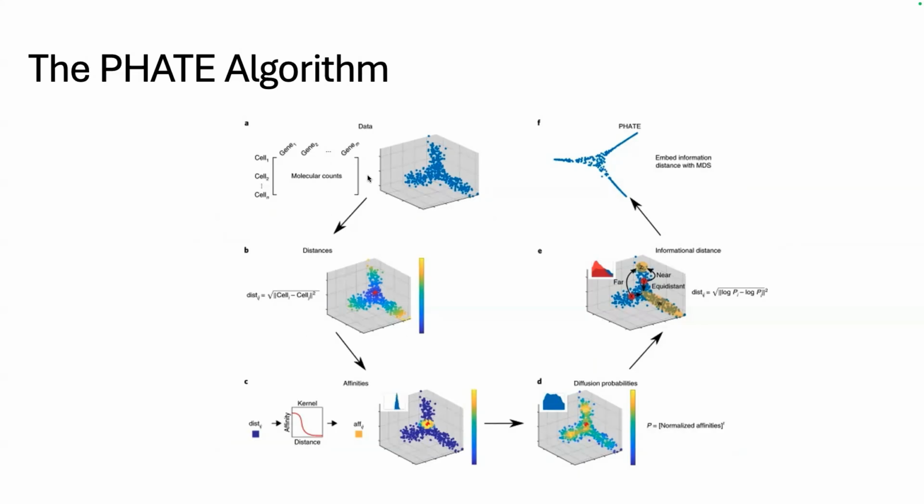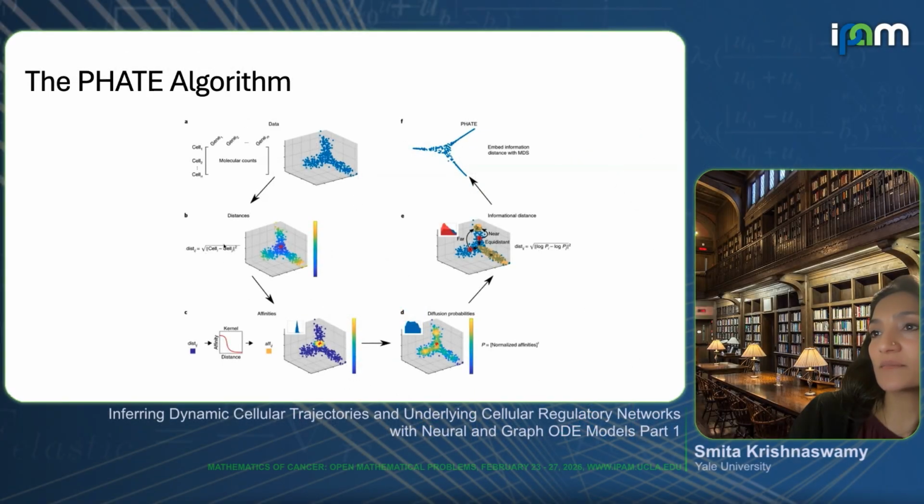These measurements are usually library size normalized, divided by the total number of transcripts, so that you don't get variability based on how many transcripts were sampled per cell. We change that distance matrix into an affinity matrix using a kernel we designed called the alpha decay kernel, which has some connections to a Gaussian kernel or a negative exponential kernel.